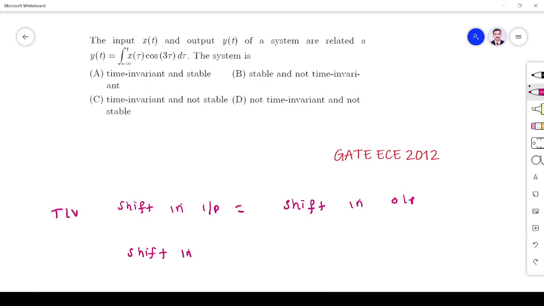I write shift in input as y of t comma capital T. So I shift the input from minus infinity to t, where the input is x of tau, shifted by T, cos 3 tau d tau.